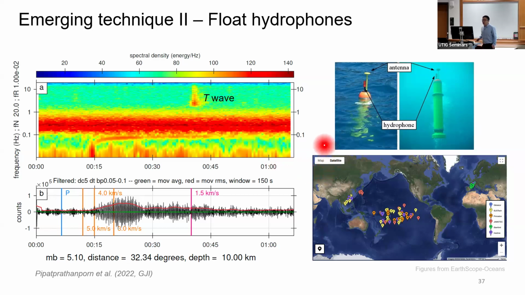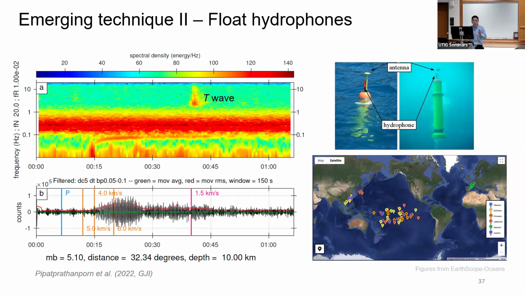The group led by Frederik Simons at Princeton University, the EarthScope-Oceans, they have deployed tens of these float hydrophones in the global ocean. Most of them are located in the Pacific Ocean, this part. And you can see on the left here, we have the seismogram. You can see very clearly T wave observed from this earthquake more than 3,000 kilometers away.